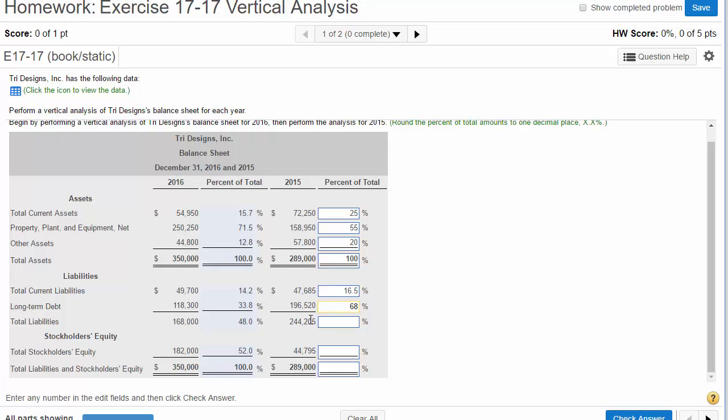Then total liabilities, we have 244,205 divided by 289,000, multiply by 100 to convert it to a percent, and you should get 84.5%. Then we've got $44,795 of equity divided by 289,000 of assets, and we get 15.5%. And then 289,000 divided by itself gives us 100%.